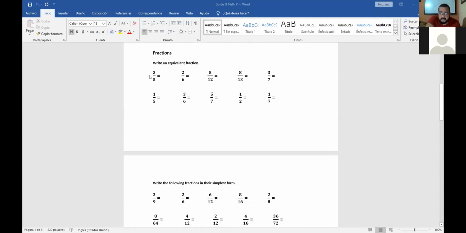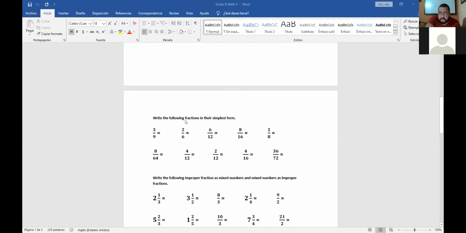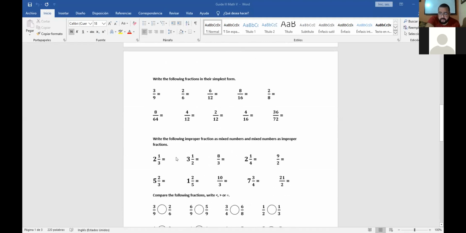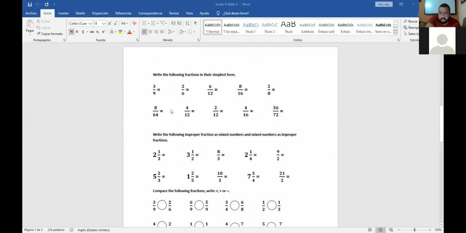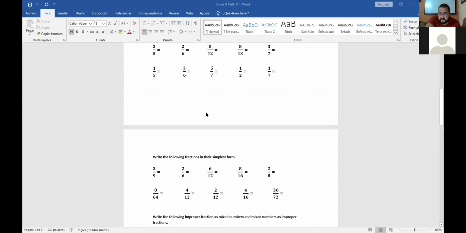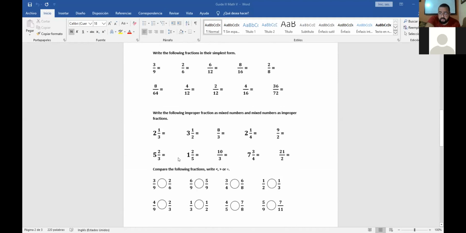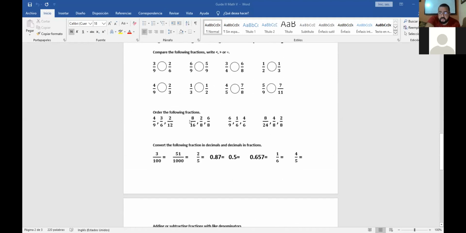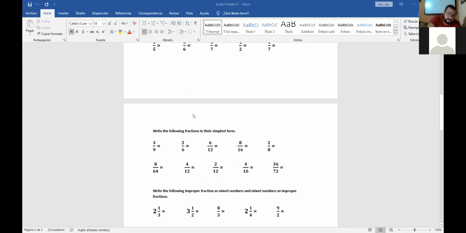I know that we already did equivalent fractions and fractions in simplest form. Also this one, but I'm going to do some exercises of these lessons, and then we're going to focus on, I guess, the last part of the study guide. Okay, let's start.